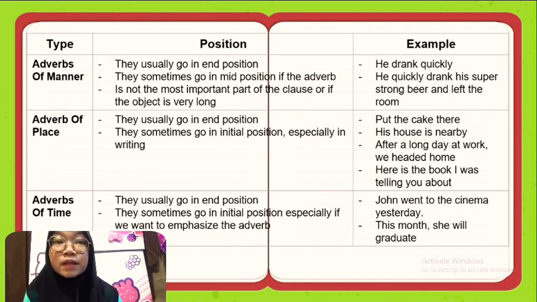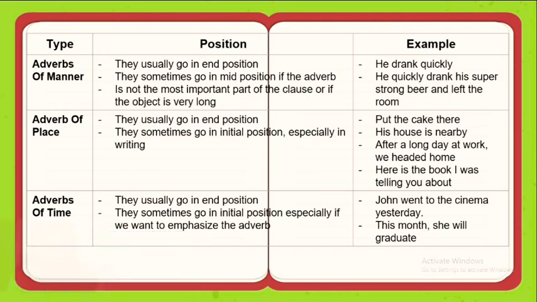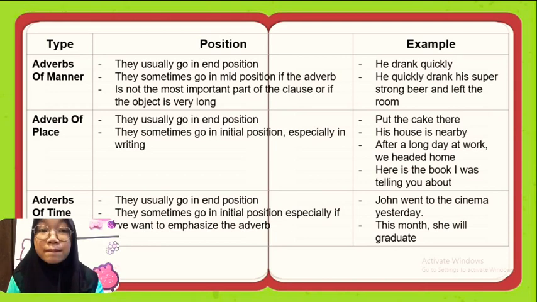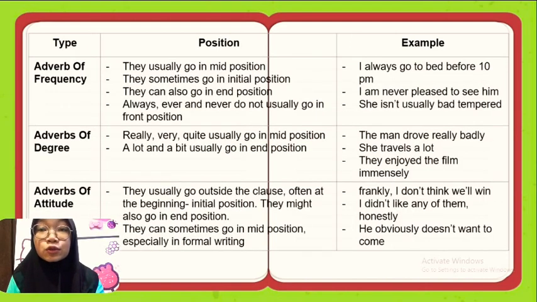Next, adverb of time. Position: they usually go in end position. They sometimes go in initial position, especially if we want to emphasize the adverb. Example: John went to the cinema yesterday.